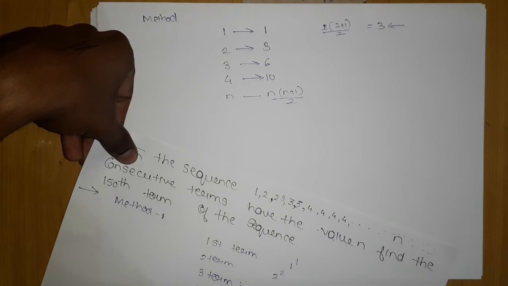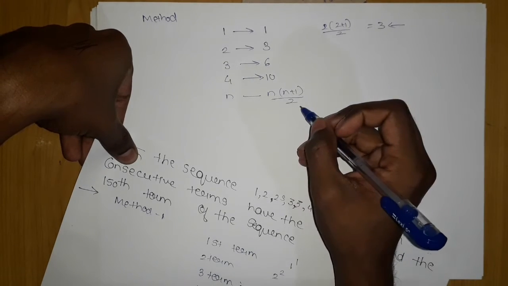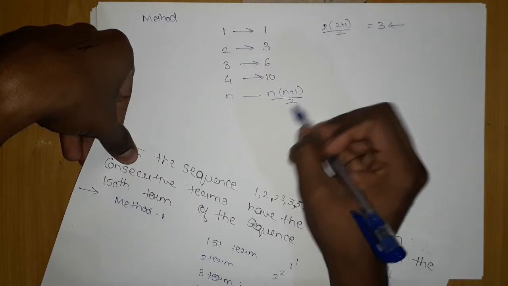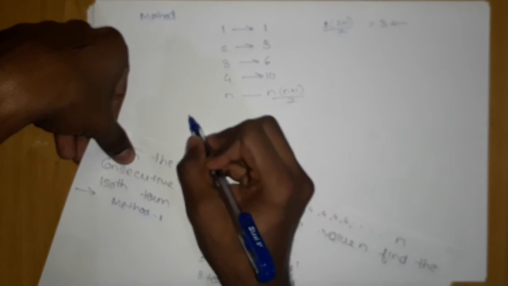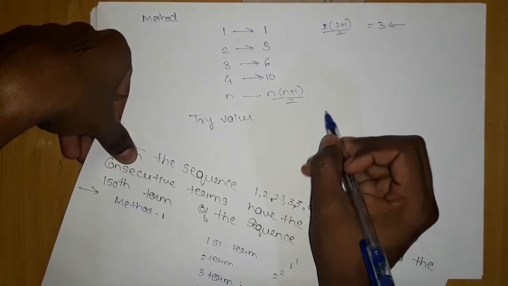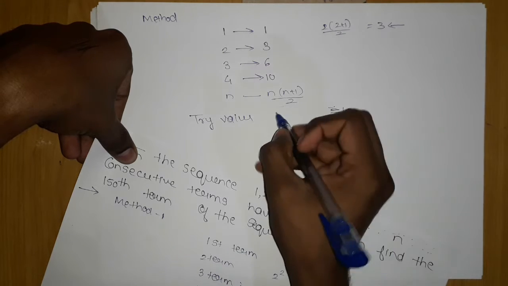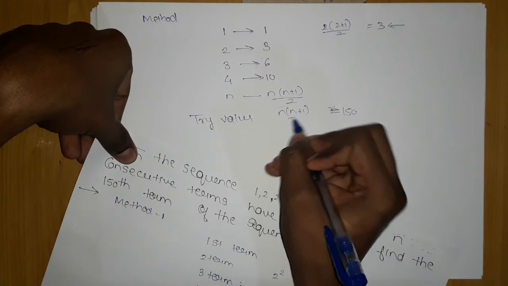Now this is the position, and we want to put values here. Try values, and by hit and trial we should check which value is closer to 150, which is greater than or equal to 150, for n(n+1)/2.